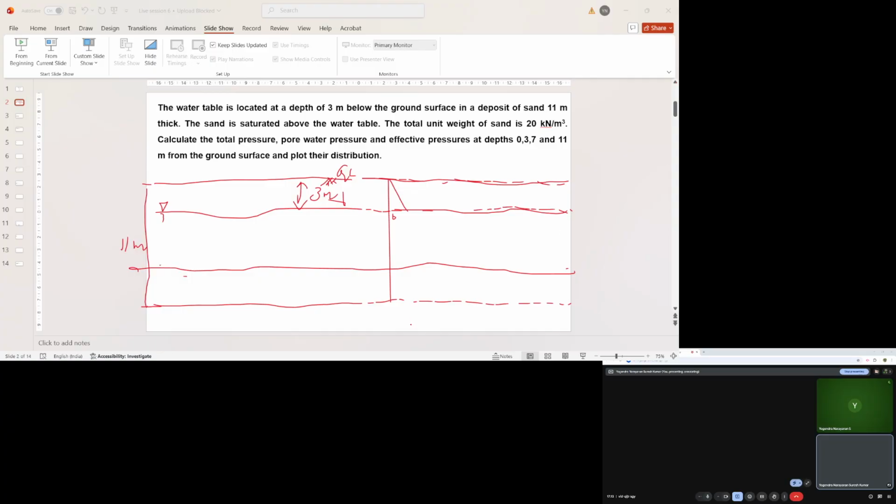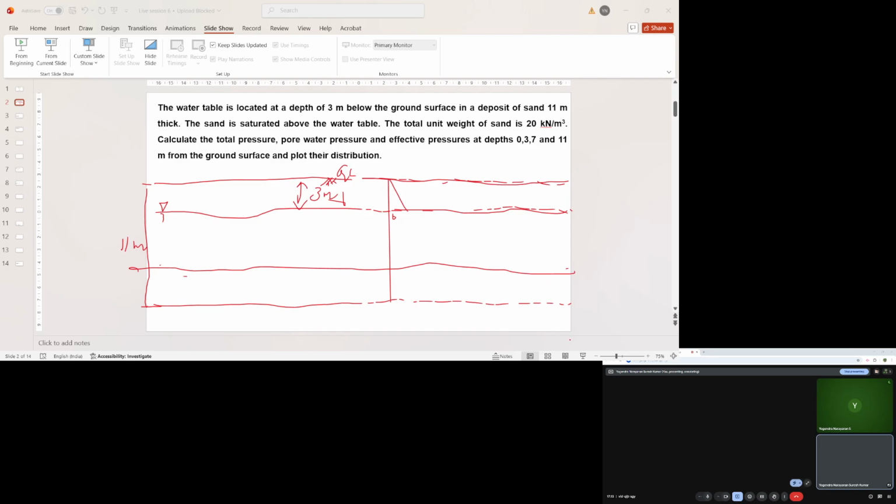At 11 meters, it is 20 into 11. Coming to pore water pressure, it is going to be 0 here, and 0 here. With the unit weight of water being 10 kN per meter cube, at 7 meters it is going to be 10 into 7, which is 70.